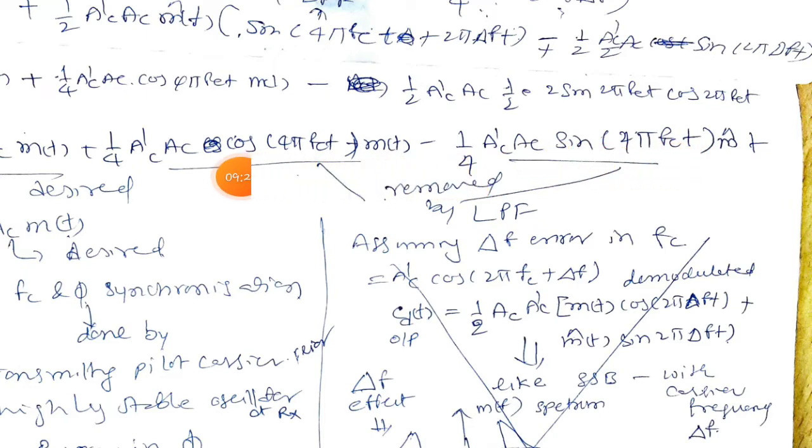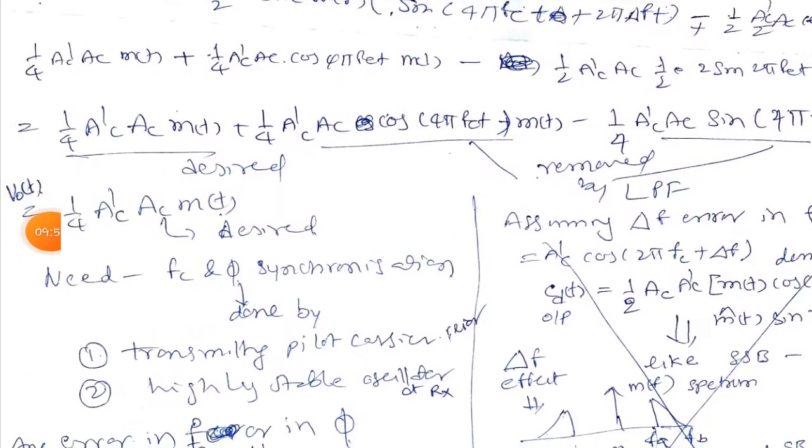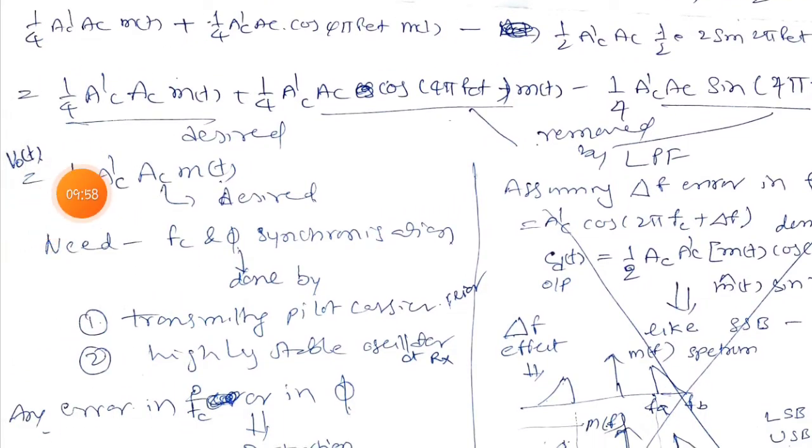So the second term contains 1/4 A'c Ac cos 4 pi fct m(t), and the third term is minus 1/4 A'c Ac sin 4 pi fct m cap(t). The second and third terms indicate higher frequency components, and they are removed by the low pass filter. So finally the output of the low pass filter contains only the first term, 1/4 A'c Ac m(t). That is the desired one.